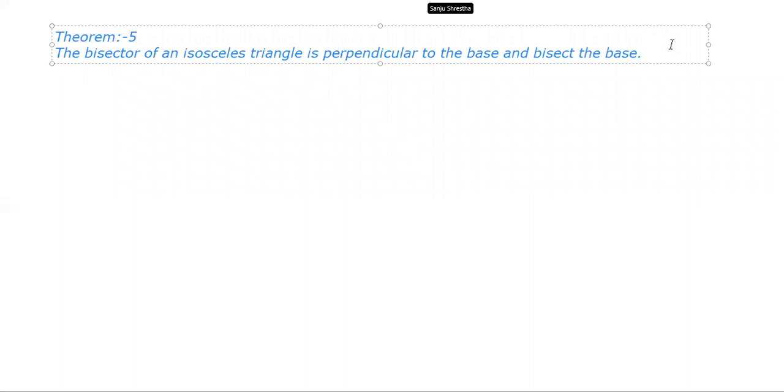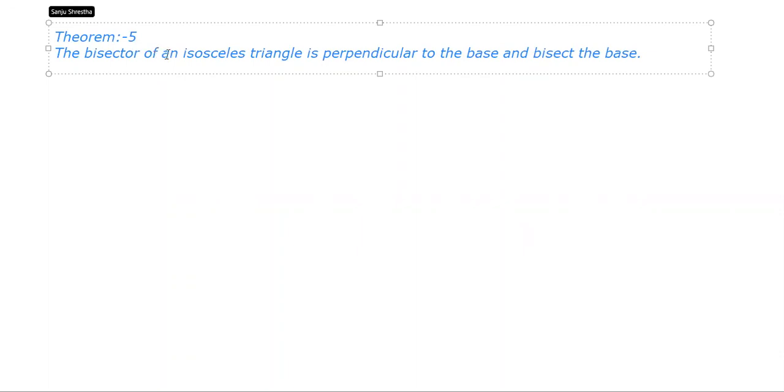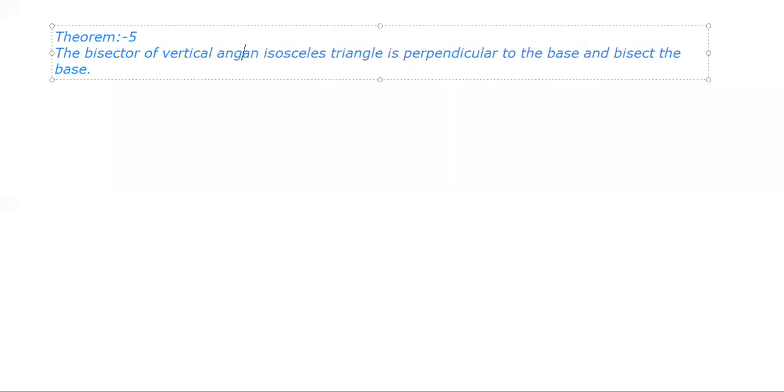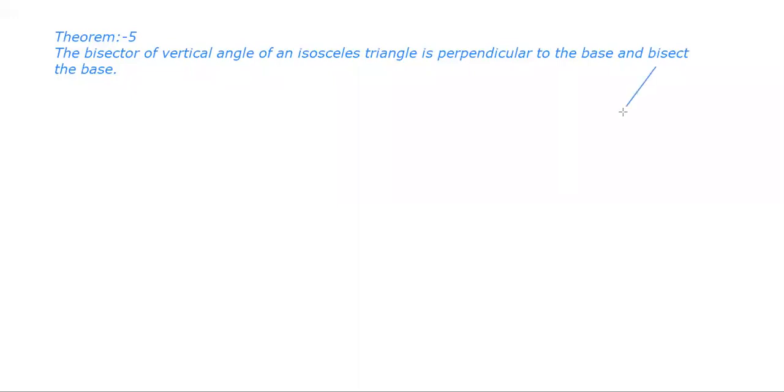Okay, now next, the bisector of the vertical angle of an isosceles triangle is perpendicular to the base and bisects the base.